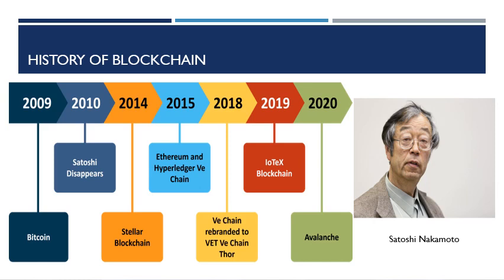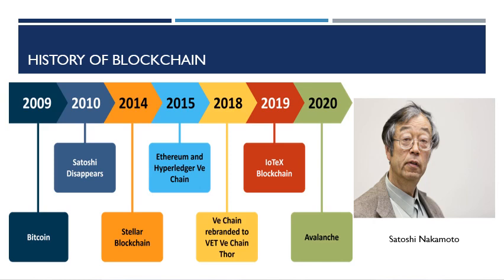The year 2014 is marked as the turning point of blockchain technology. Blockchain technology is separated from currency and blockchain 2.0 is born. Financial and other industries started shifting their focus from digital currency to the development of blockchain technologies.